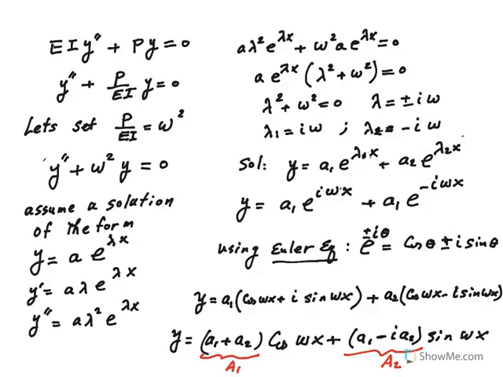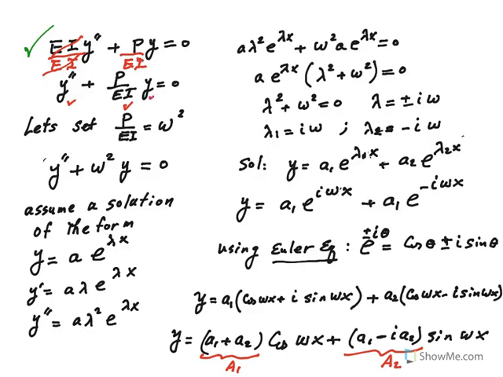Okay, so let's move to the next page. What is the solution to this equation, EI y double prime plus Py equals 0? The first thing I'm going to do is what we call normalizing the equation. We divide by the coefficient of the highest derivative, so EI gets cancelled, and we get y double prime plus P over EI times y equals 0.